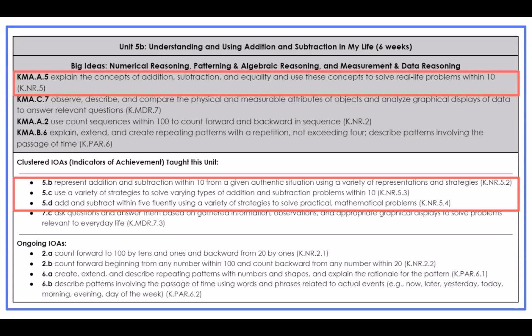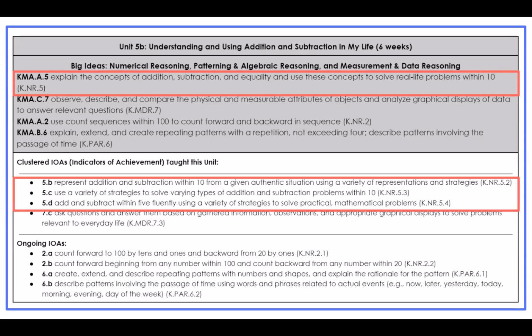IOA 5.B and 5.C introduces join result unknown and separate result unknown problem types. Unit 5A focused on the relationship between a whole number and its parts with IOA 5.A. In Unit 5B, we will build on this part-whole relationship as students are introduced to what it means to add and subtract as they solve joining and separating problems with the result unknown.